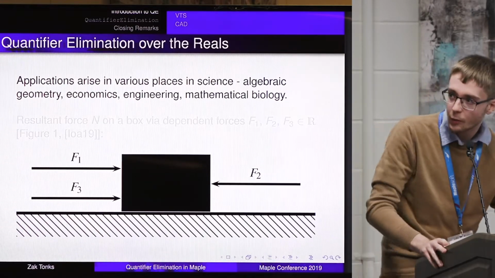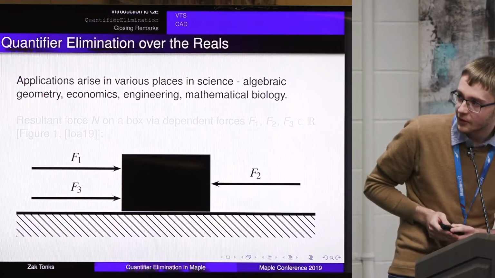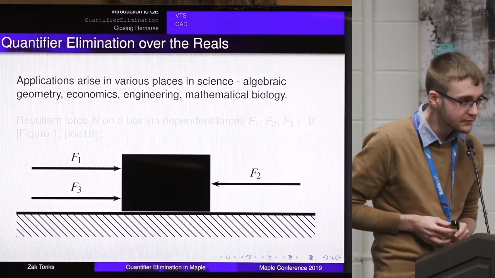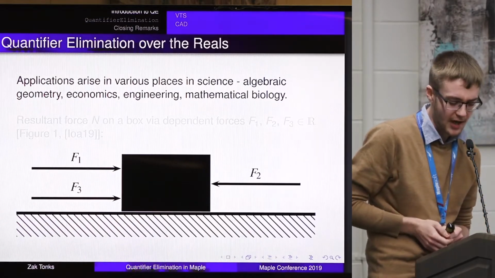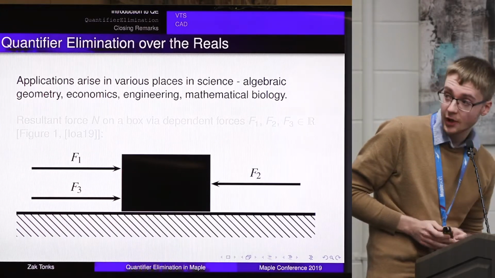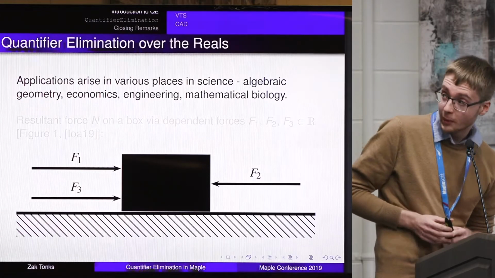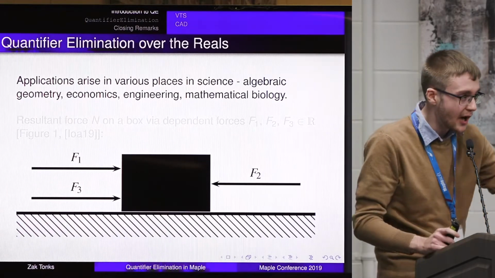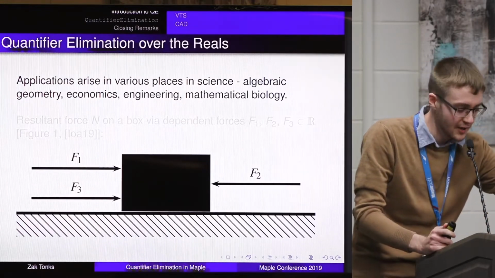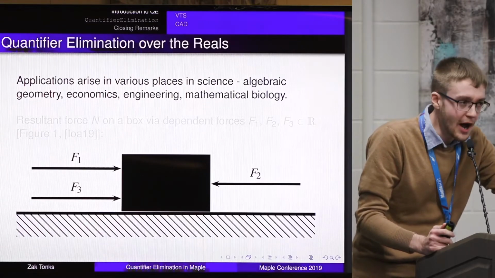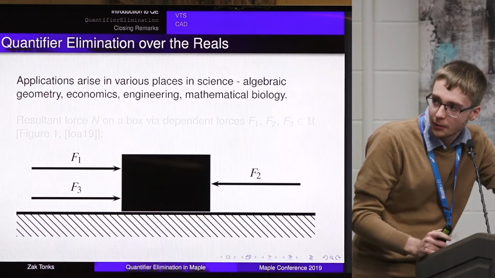This one is from engineering. There's a guy who wrote a paper on engineering problems as QE problems. In general, these examples come from all over the place: algebraic geometry, economics. We had a paper last year talking about doing economics problems as QE problems.